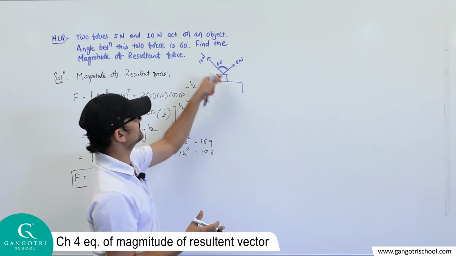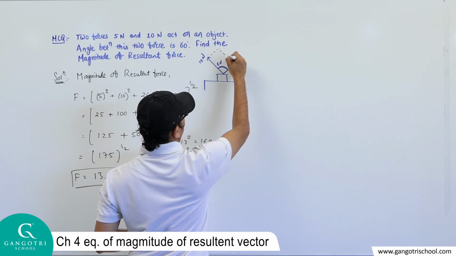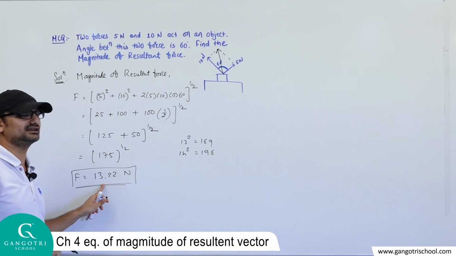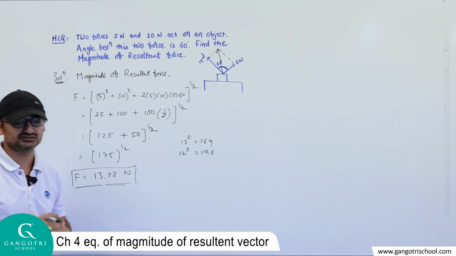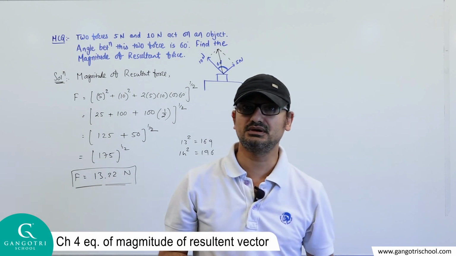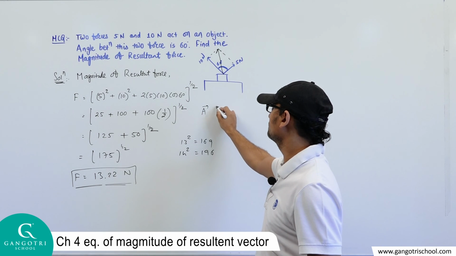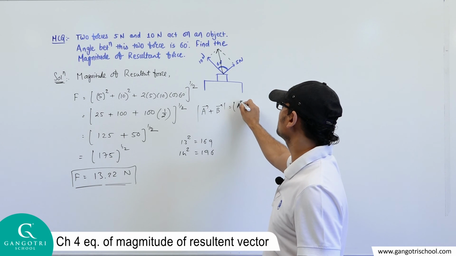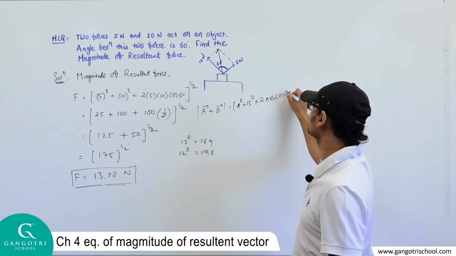If two forces of 5 Newton and 10 Newton are acting on an object, according to the parallelogram method this is the resultant force, and the resultant force has a magnitude of 13.22 Newton. Now I hope you understand the application of this equation. Always remember, if we have two vectors A and B, the magnitude of the resultant vector is a square plus b square plus 2ab cos theta, raised to 1/2.